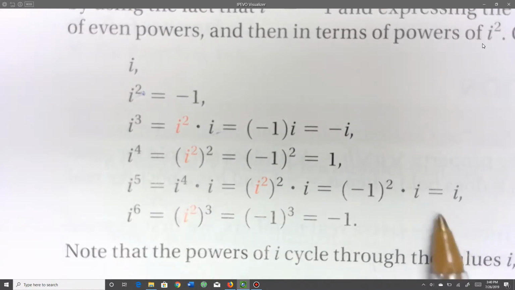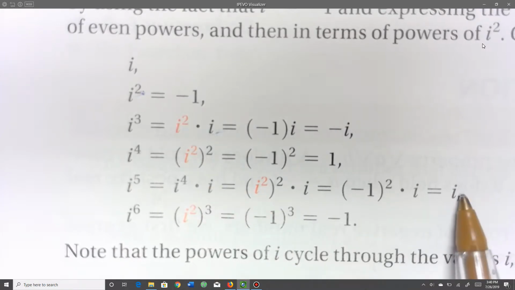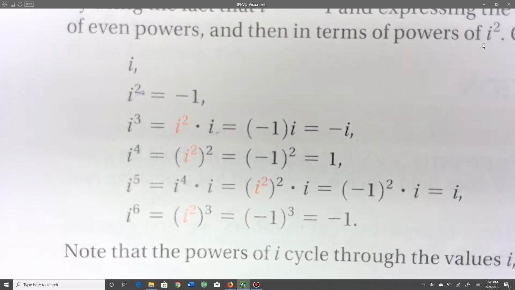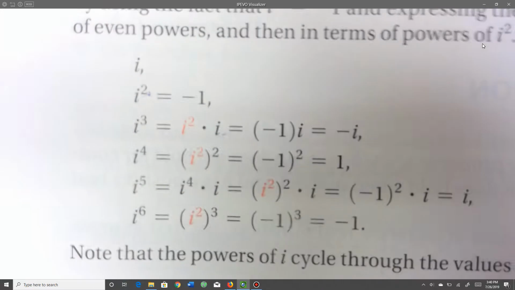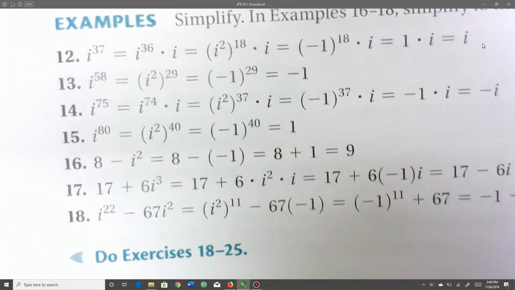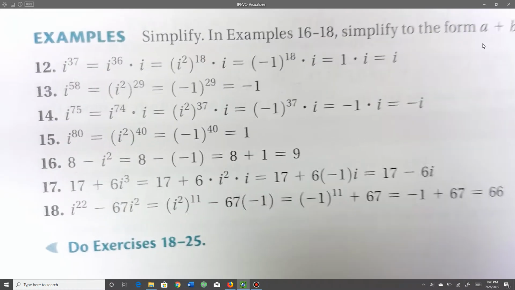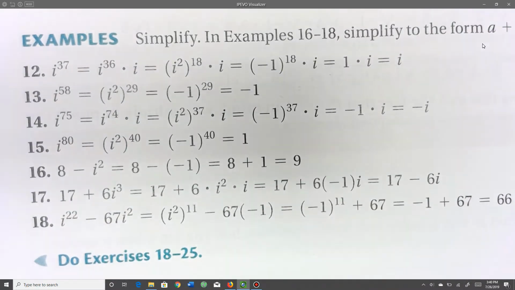Okay, that's why this i is going to be positive at the end. That's one way of thinking about it. If you can remember that, that would be awesome. If not, that's okay. Don't worry about it, because you can work it out like this.